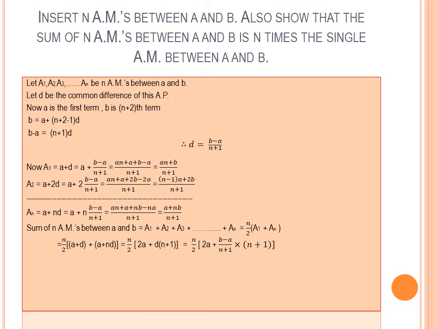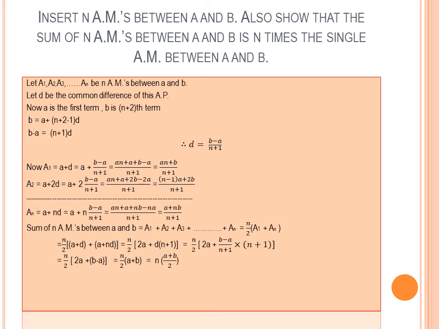So putting the values of A1 and An over here, we get n by 2 into A plus D plus A plus nD, is equal to n by 2 into 2A plus D into n plus 1, is equal to n by 2 into 2A plus B minus A by n plus 1 into n plus 1.